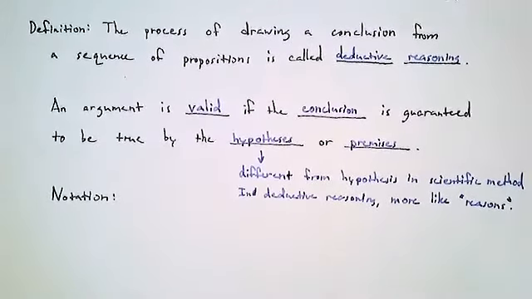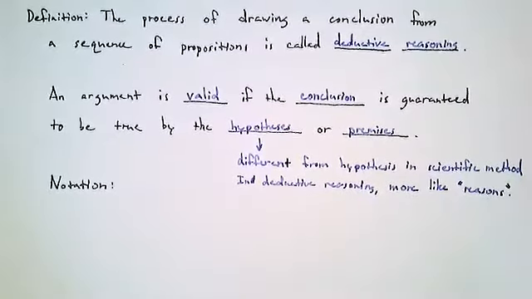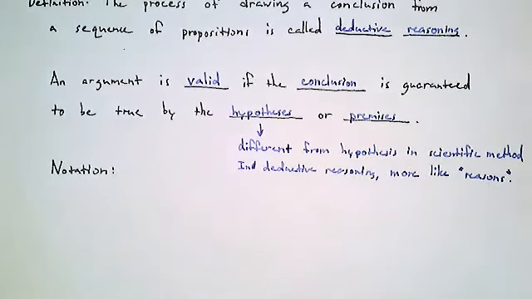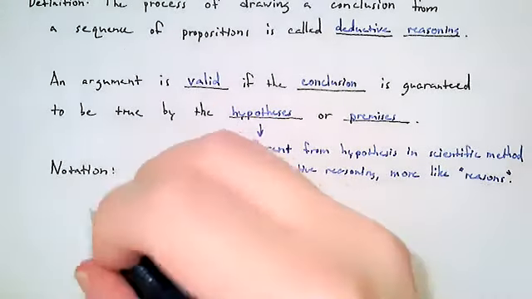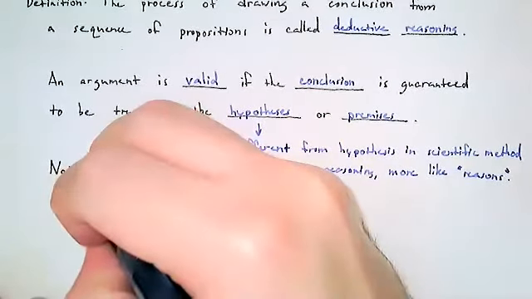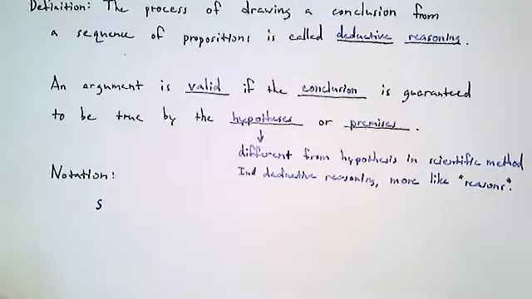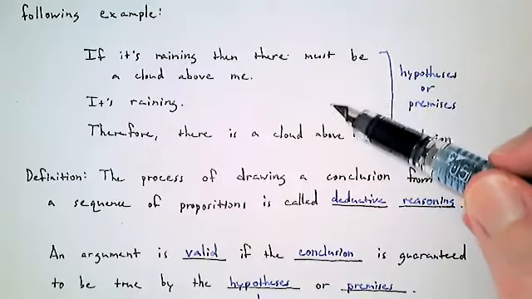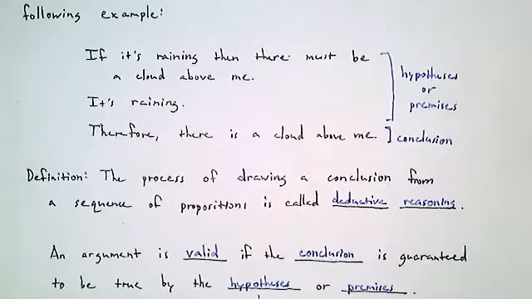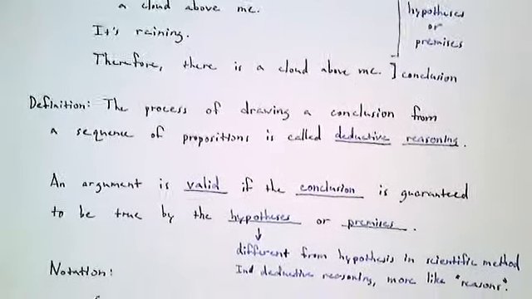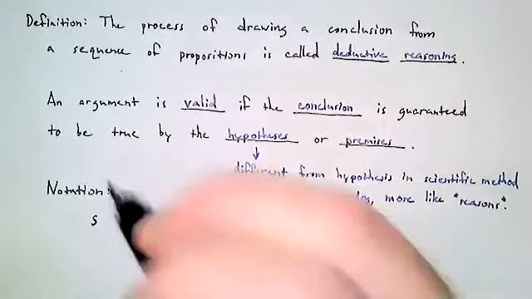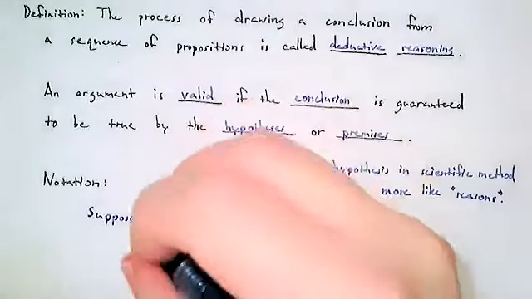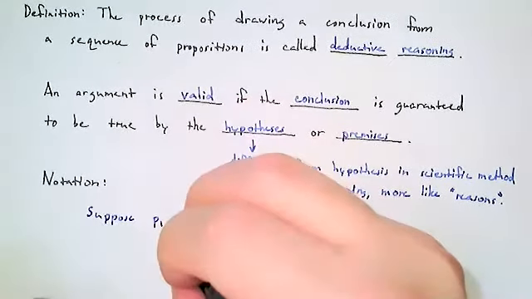And mathematicians always like good notation. We do have some formal notation for arguments. You can see in this argument written out in sentences, I have more than one hypothesis and then a single conclusion. So when we're writing our notation, I'm going to need more than one hypothesis, and we'll give those the names P1 through Pn.